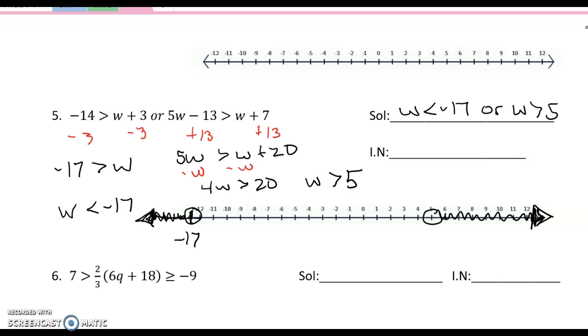We've got to put -17 here on our number line so that we can graph. Open circle at -17, shade to the left. Find 5, open circle, shade to the right. Split graph for the compound or. And finally, for interval notation: -infinity, comma, -17, union 5, comma, infinity.